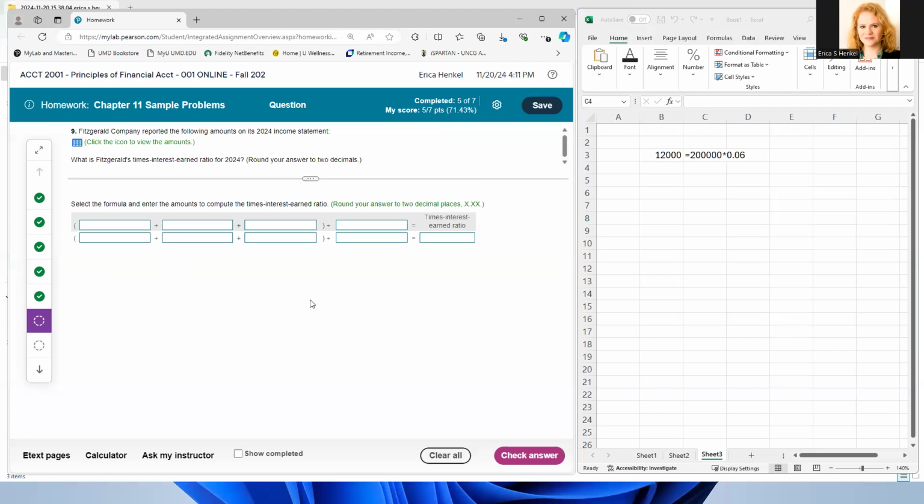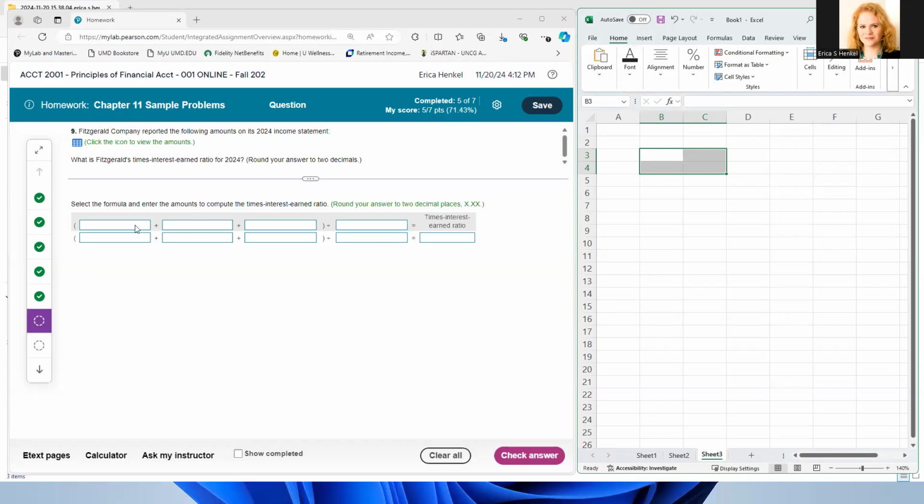Now, our next problem is looking at a financial statement ratio associated with payments of interest and liabilities, called the times interest earned ratio. How many times are we able to pay off the interest that we owe on our debt during a year in comparison to our net income before interest and taxes?